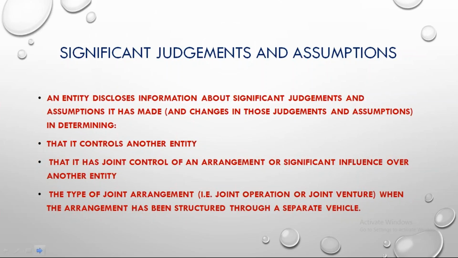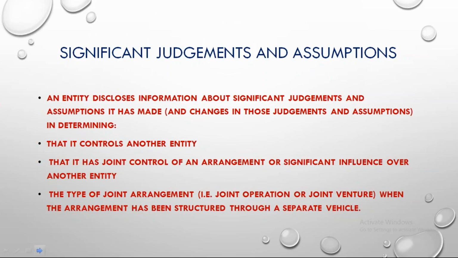Okay. Then we have to decide whether it controls another entity. Sometimes even without 50%, you can control another entity. If all the other shareholders are scattered all over, the 60% of the shareholders are outsiders, they are not meeting together.